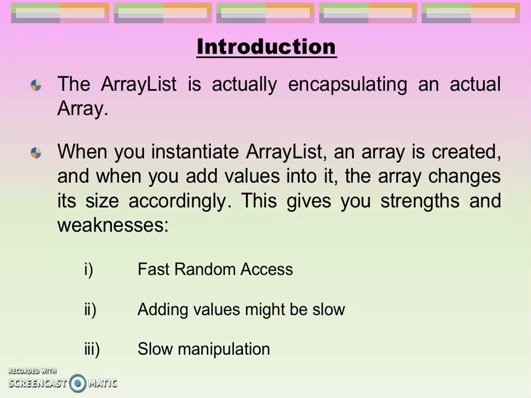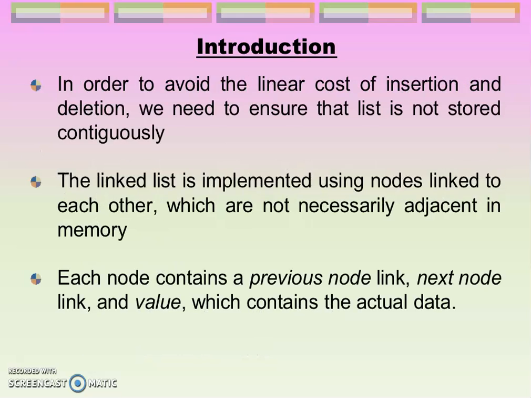So the array list, this is all about array list. In order to avoid the linear cost of insertion and deletion, we need to ensure that the list is not stored contiguously. Since we implemented the array list contiguously using indexes, we keep the data in indexes, and the indexes are contiguous, one after another.